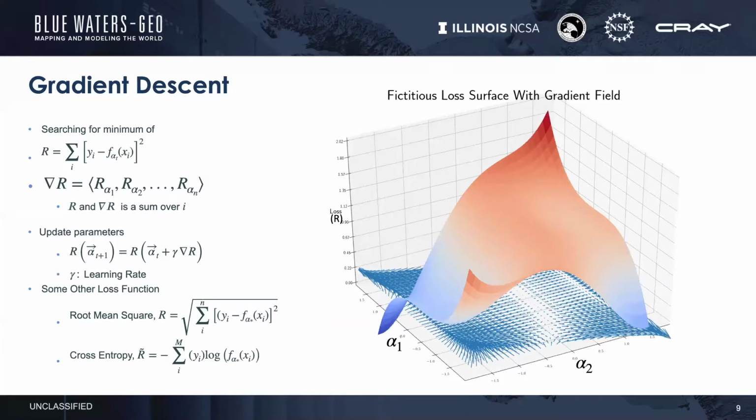And so the main technique that we use is gradient descent. We're searching for a minimum of our loss function, and we're taking the gradient with respect to each of the trainable parameters, each of those alphas.